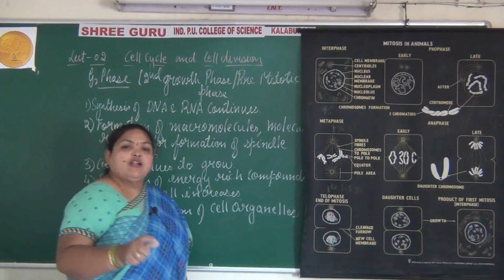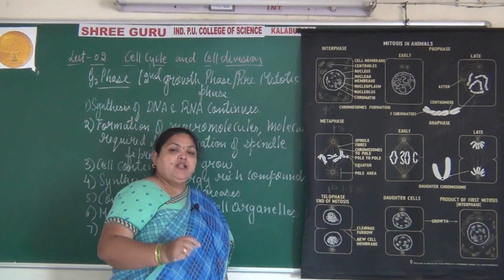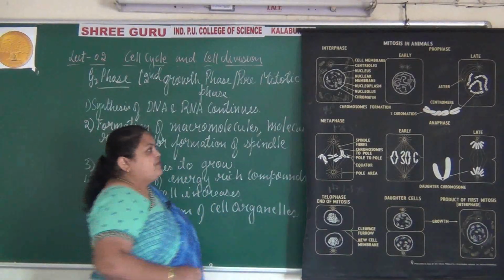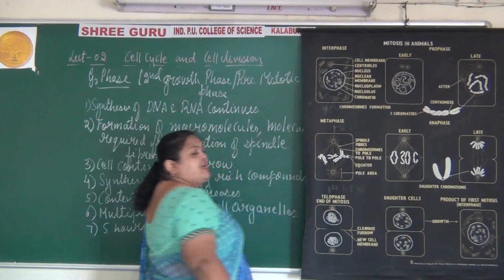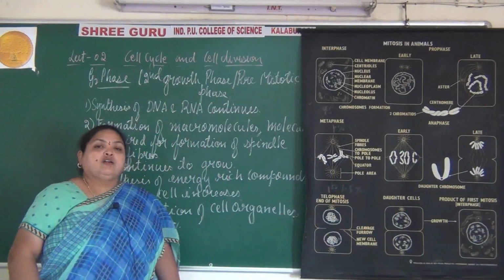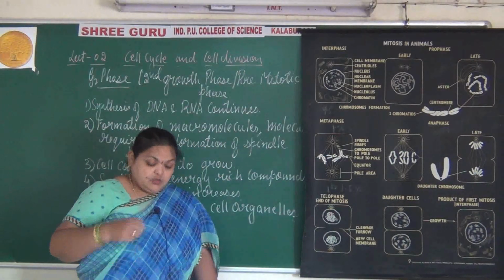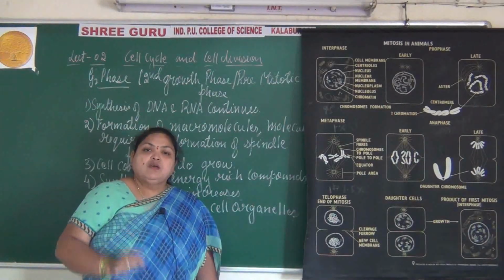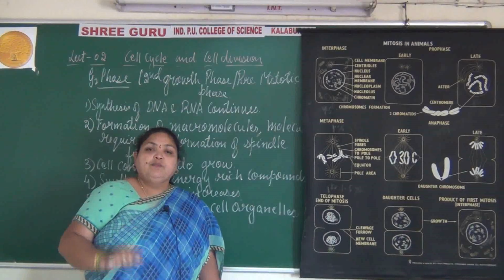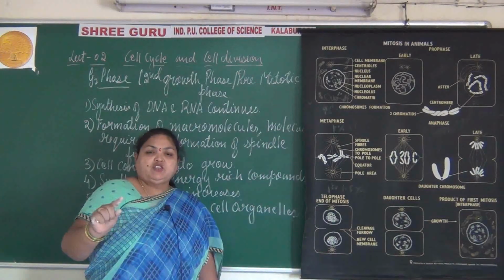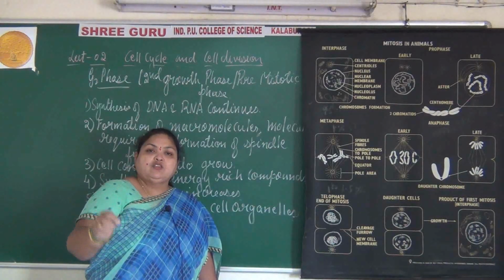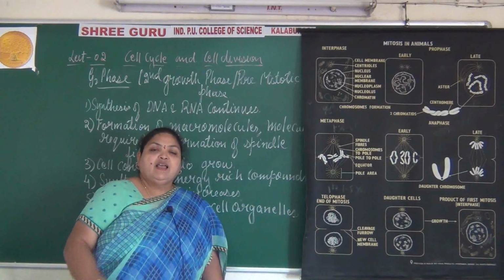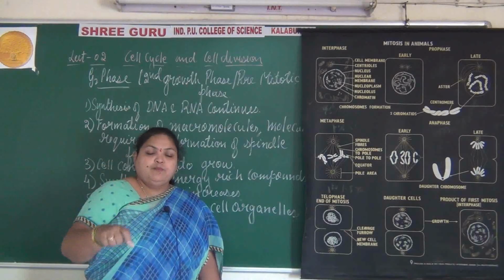So it's a very short class where I have explained only the interphase. In the next class we will go through what happens in the M phase, or the mitotic phase. So look at the diagram clearly, practice drawing the diagrams of the cell cycle, and note what the changes are, what the structures are, and what events occur in those processes.